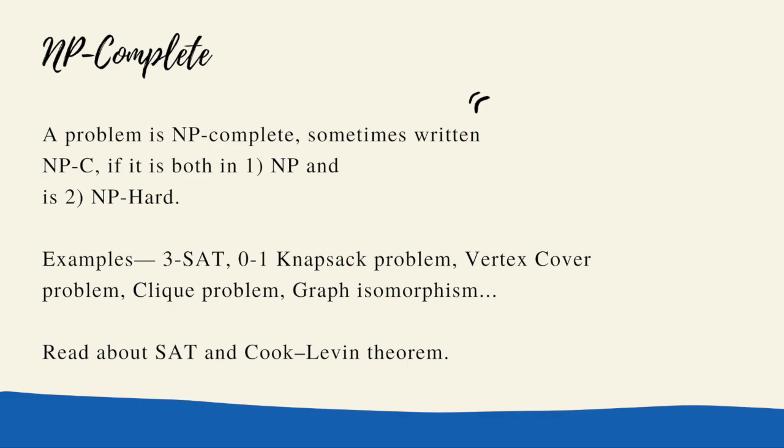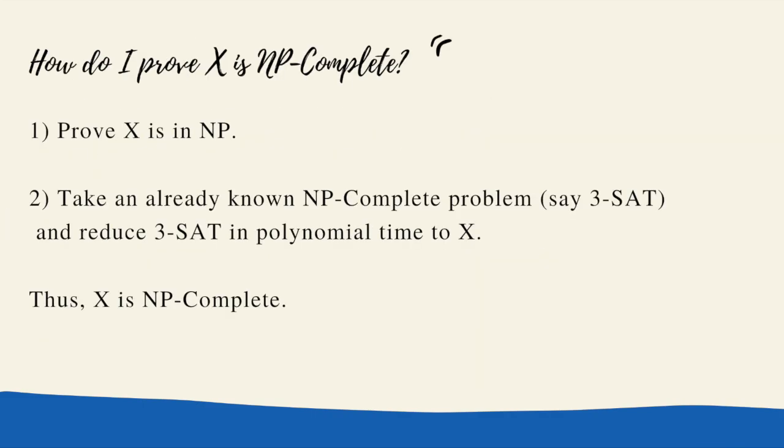And why is this useful, you may ask? This is useful precisely for this reason: to prove that a new problem X is NP complete. So, how do you do this? First, you need to prove that X is in NP, and second, you take an already known NP complete problem.